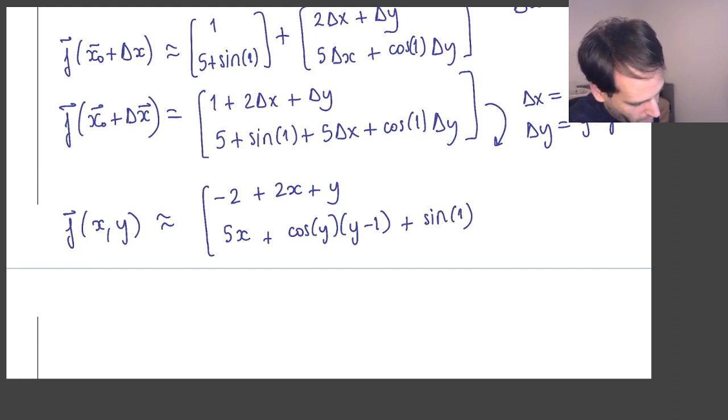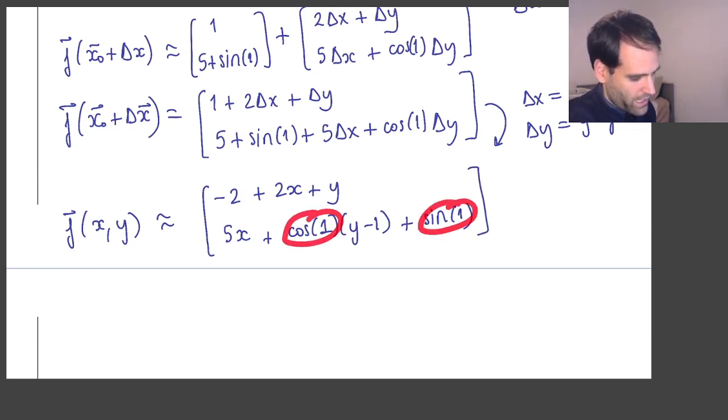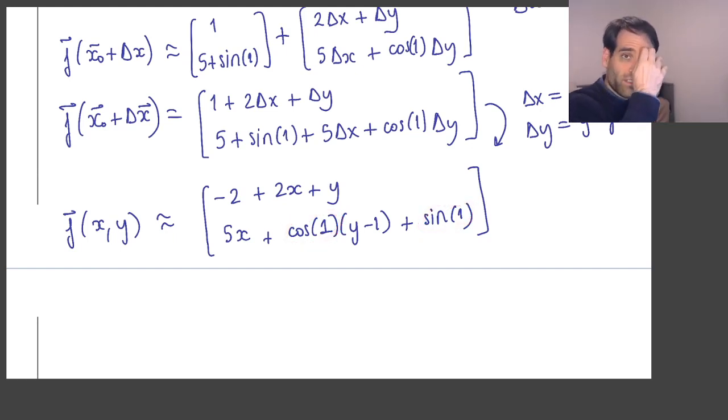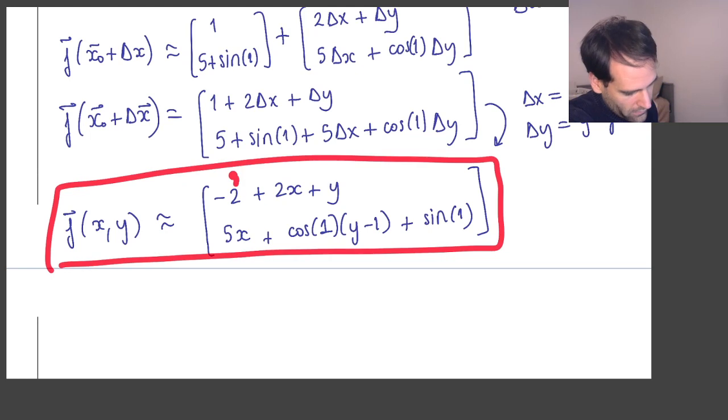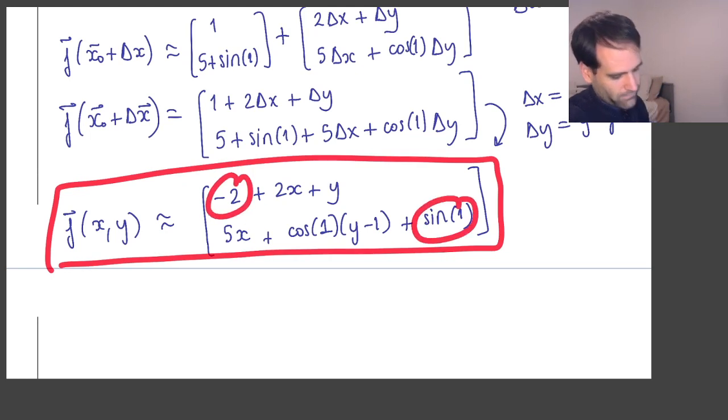Sorry, it's not cosine of y, it's cosine of 1. Okay? So these are constants. You shouldn't be scared about this cosine and this sine because it's just a constant. So as you can see, this is clearly a linear function of x and y added to some constants. Okay?